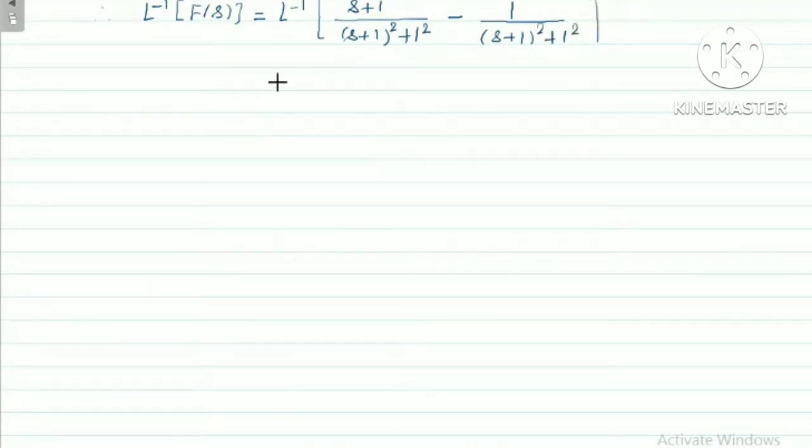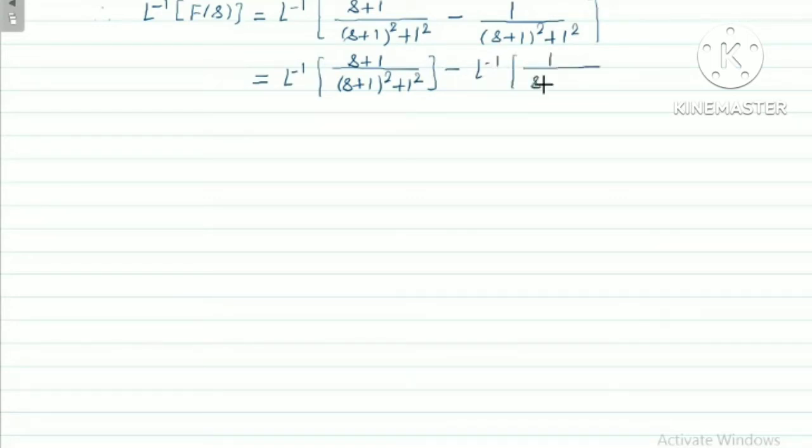Now use the linearity property of the Laplace transform. So we will have L inverse of s plus 1 divided by s plus 1 the whole square plus 1 square as the first term, and minus L inverse of the second term, that is 1 upon s plus 1 the whole square plus 1 square.